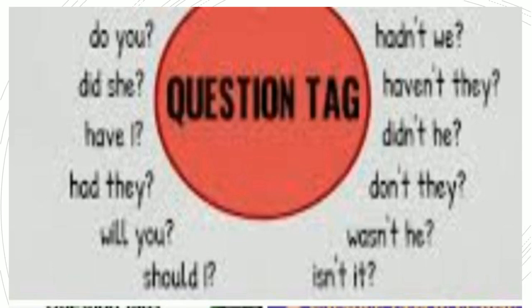Now if you observe between these examples of the question tag, the ones given on the left side, that is do you, did she, have I, these are known as positive tags. That means the statement might have been in a negative form. And the tags like hadn't we, these are all examples of the negative tags.